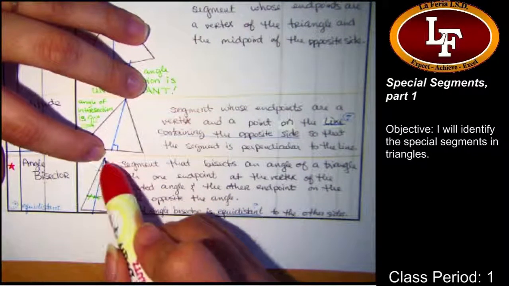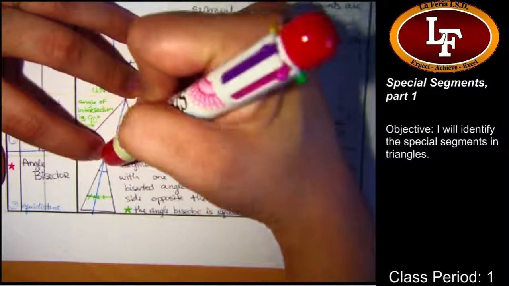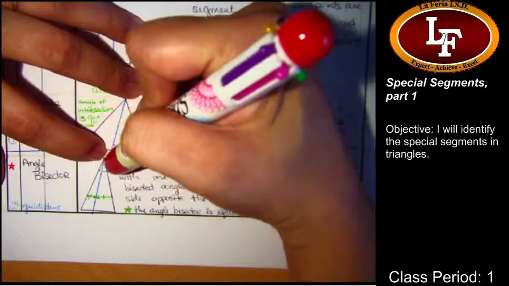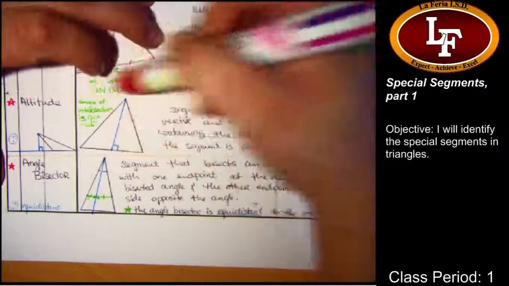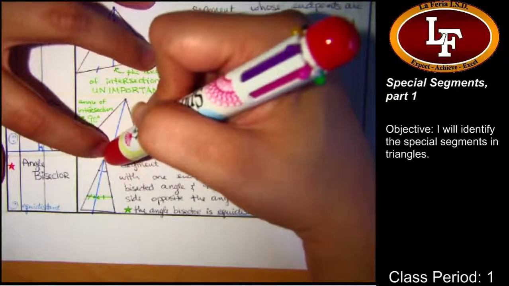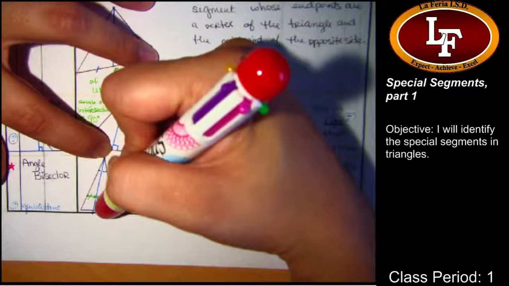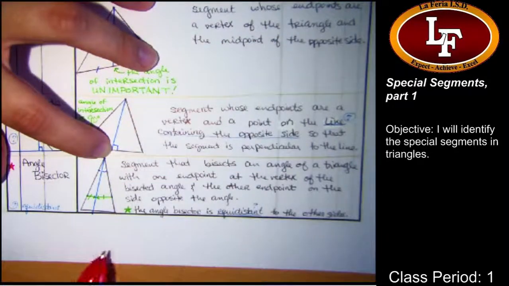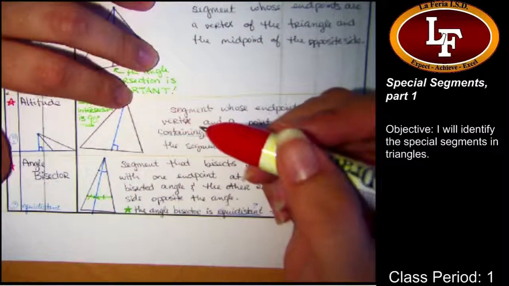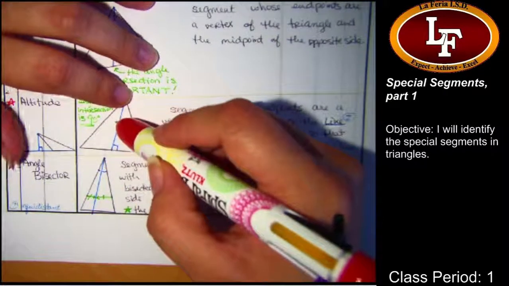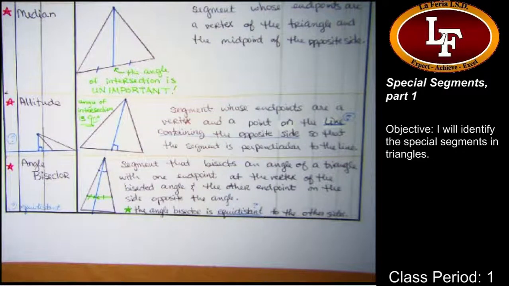So you're going to have one endpoint here at a vertex, and this is the angle right here that is going to get bisected. The other endpoint isn't somewhere random out here. That other endpoint is on the side inside that angle. So that's what that's meaning. Yes, you could totally extend this up this way, and then you'd have the endpoint out here, but that doesn't help us. It has to be inside the triangle. Great question. Thank you.